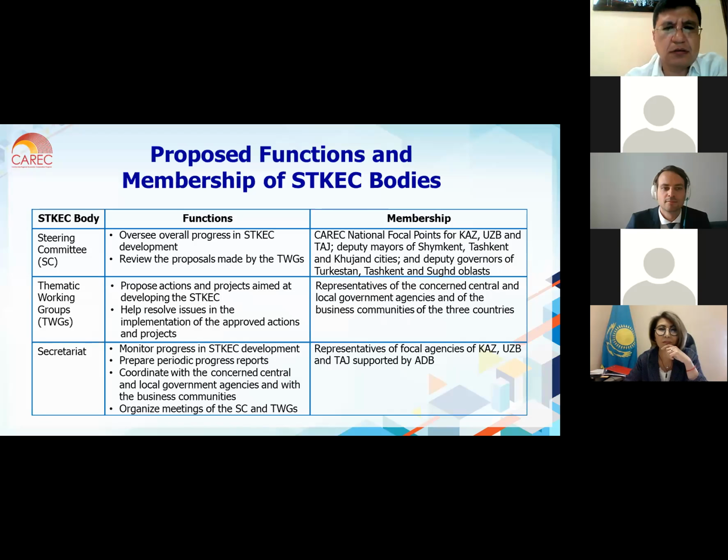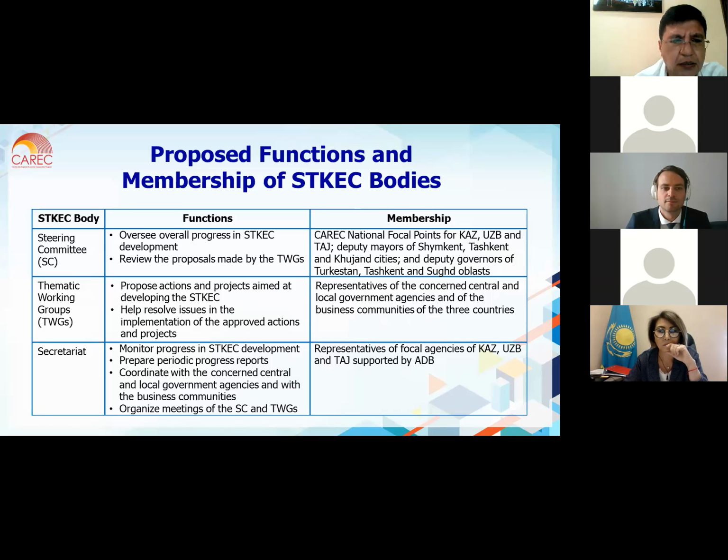So, I'll try to be brief. I'll try not to take up too much of your time, but let me mention that the institutional mechanism that we are suggesting in the draft roadmap is based to a significant degree on the experience of the development of other economic corridors, in particular the Almaty-Bishkek economic corridor and the corridors in Southeast Asia.